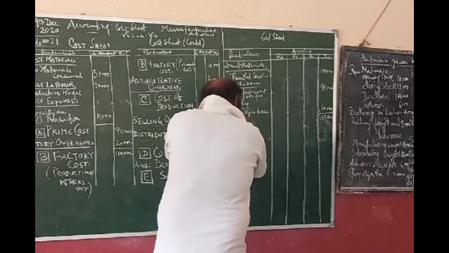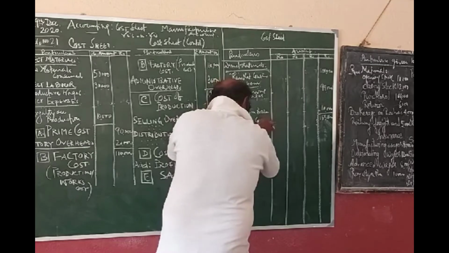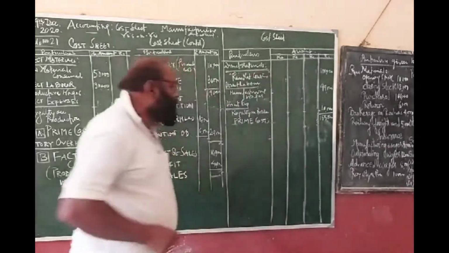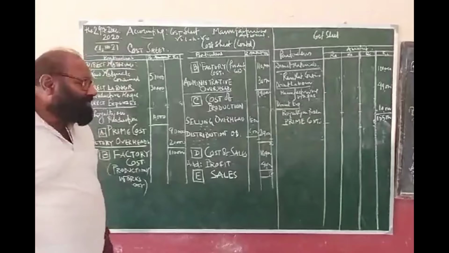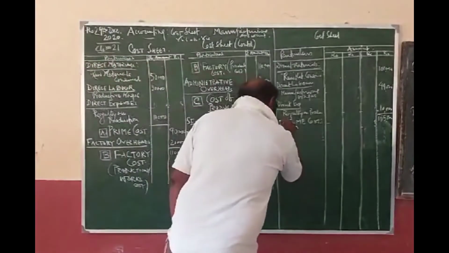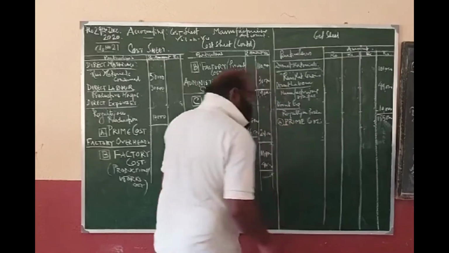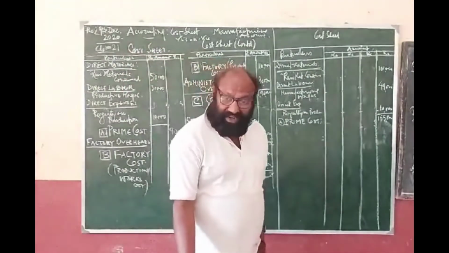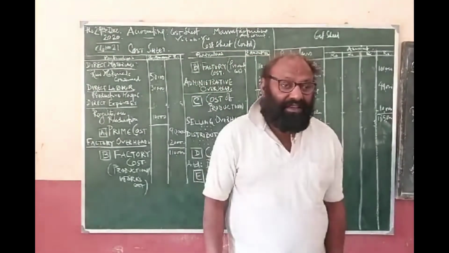Prime cost. So this is the first part of our cost sheet. It is the prime cost. Prime cost is the totality of all the expenses which are direct in nature, incurred for carrying on your production. Clear?